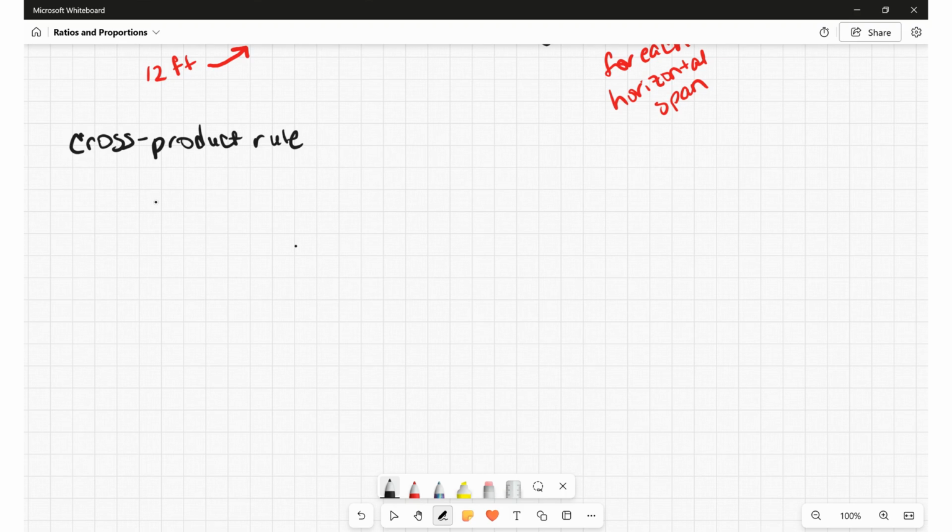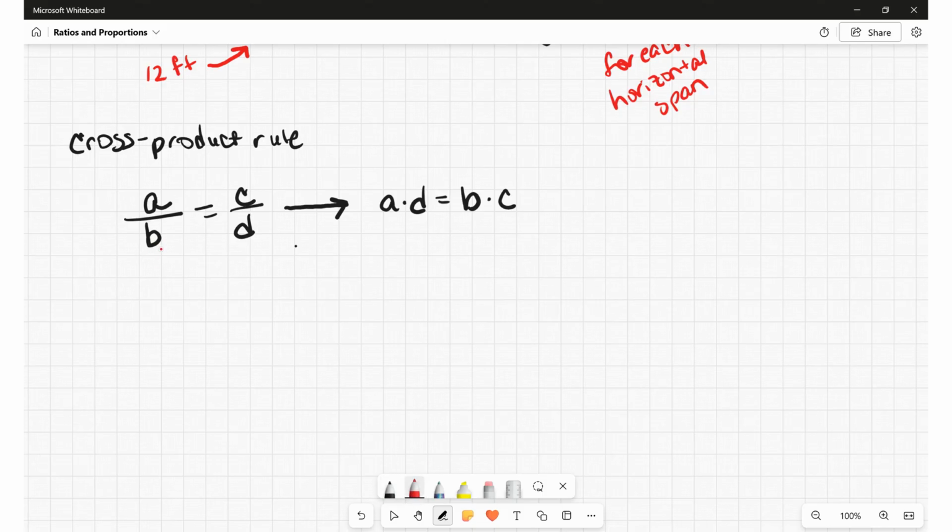And what that means is that if we have some value A and it's being compared to some value B, and we say that that is the same as some value C compared to some value D, then this means that A times D is equal to B times C. So if you notice, we kind of cross multiplied.